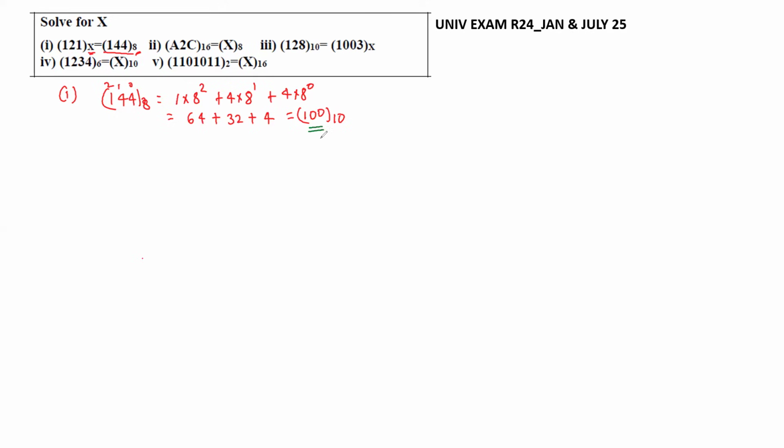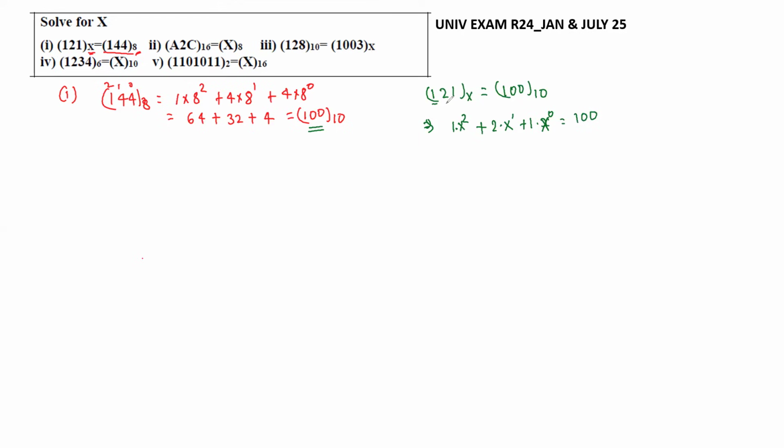Now this number, 1 2 1 in radix x, equals 100 in decimal. If the radix is x, this can be written as 1 into x to the power 2, plus 2 into x to the power 1, plus 1 into x to the power 0, equal to 100.